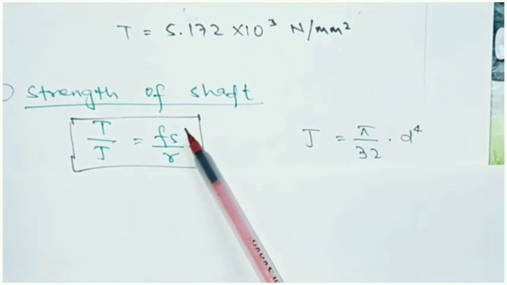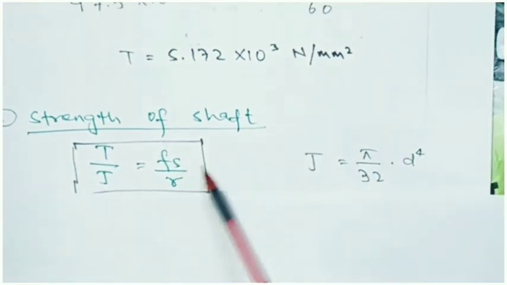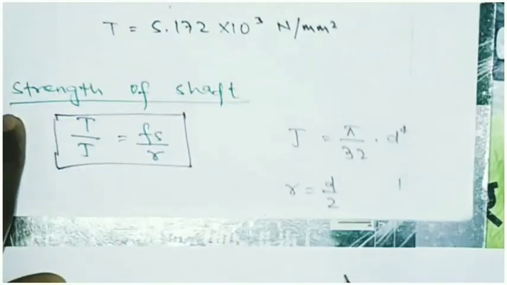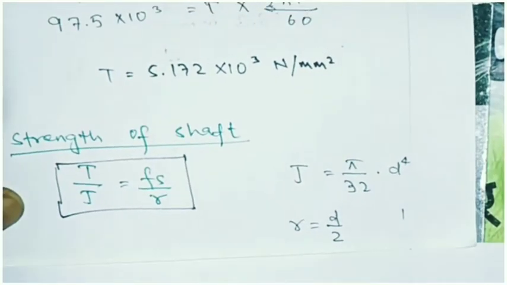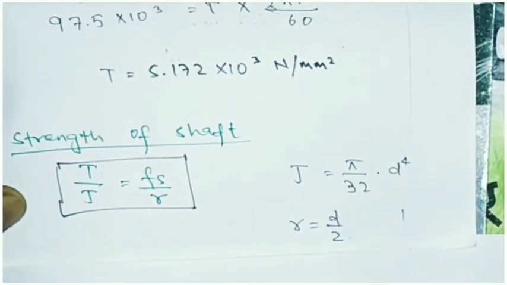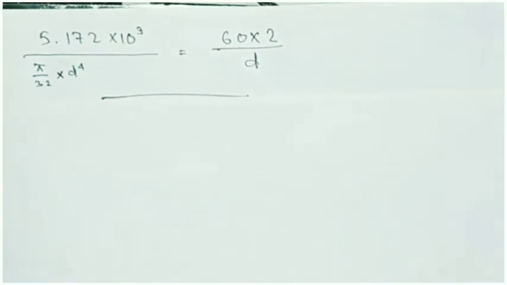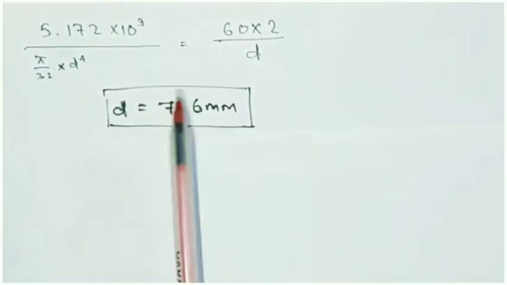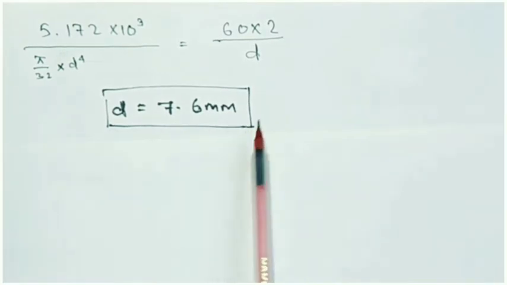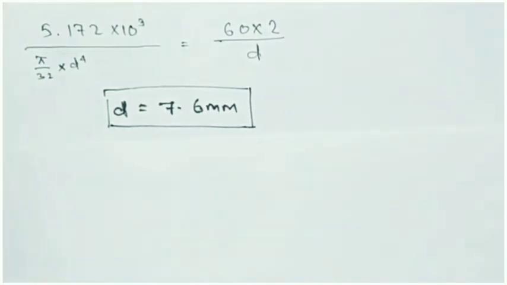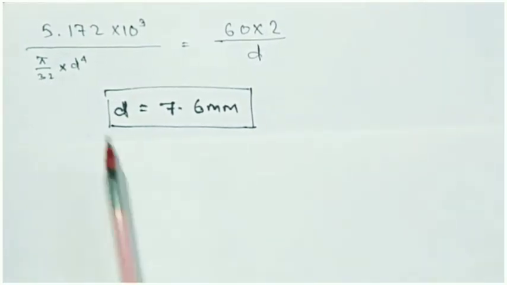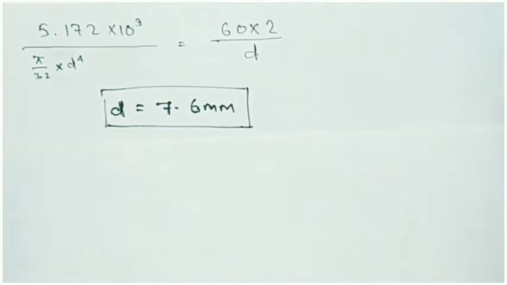Fs is the maximum shear stress, which is given in the question, and R should be taken as d by 2, that I have already told you. After putting all these values, we'll come to know that D is 7.6 mm. So for the strength of the shaft, D is 7.6 mm.